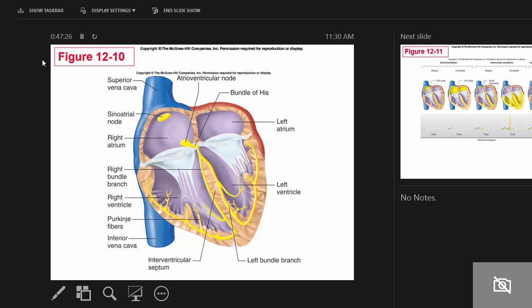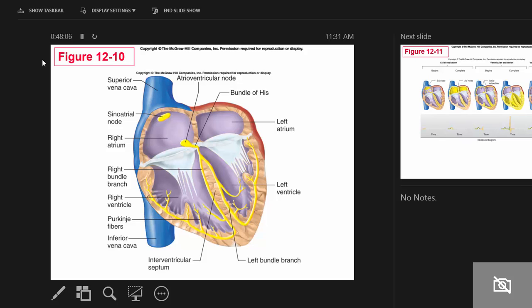The sinoatrial node will cause an action potential to occur. That action potential will spread electrical current everywhere. It'll go into the chambers here, and it will go to this point eventually. What's important to note is where these valves are, this area across here, it's called the AV junction, A as in Adam, V as in Vanessa.